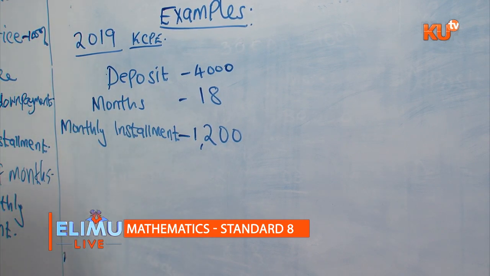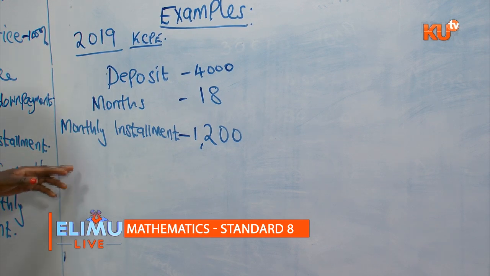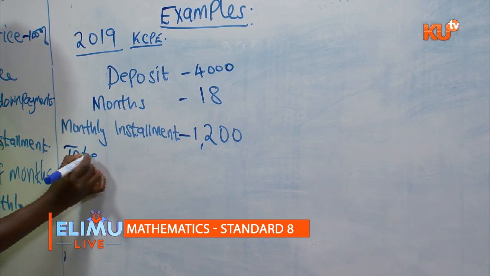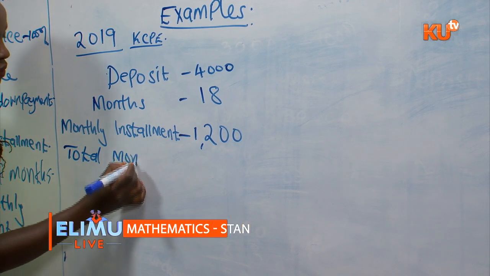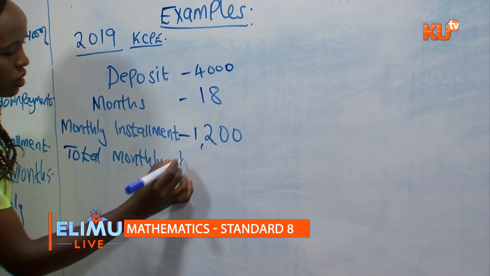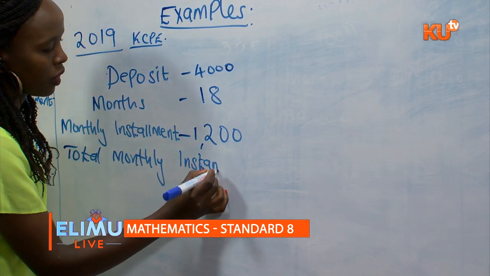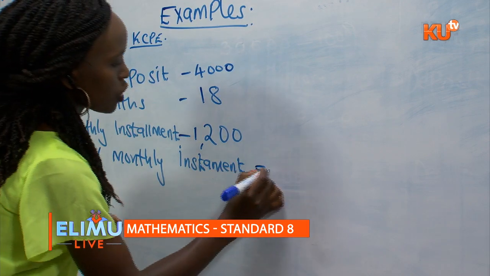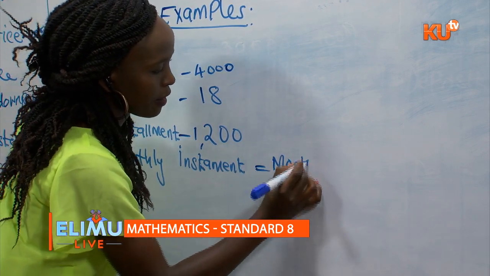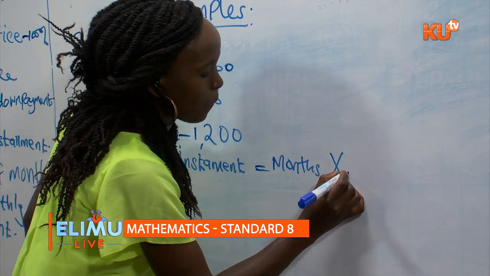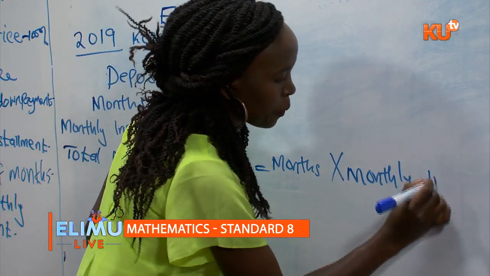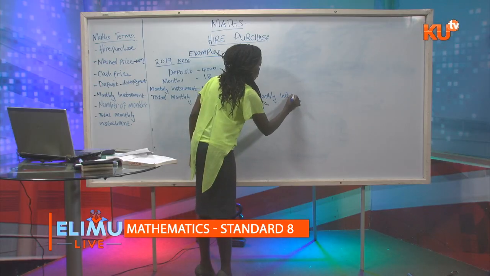So with the deposit and the number of months, even before we continue with the question, we can calculate the total monthly installment. The total monthly installment is equal to the number of months times the monthly installment.